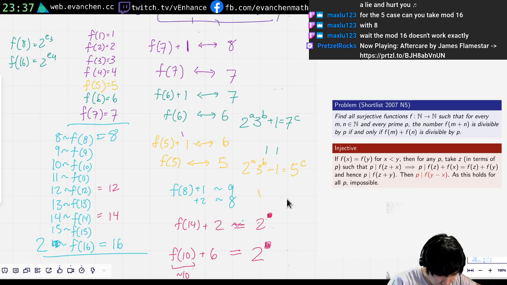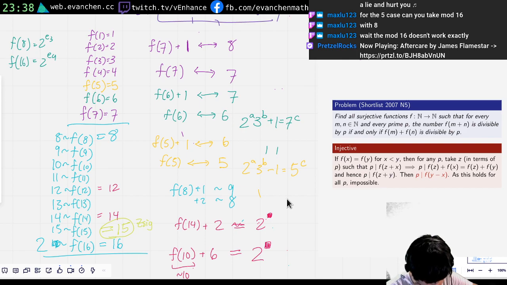So by Zig, this one is 15. Can I use the 15 and 16 together?